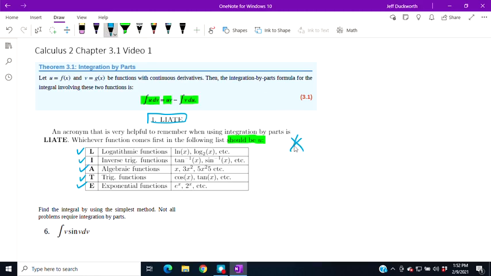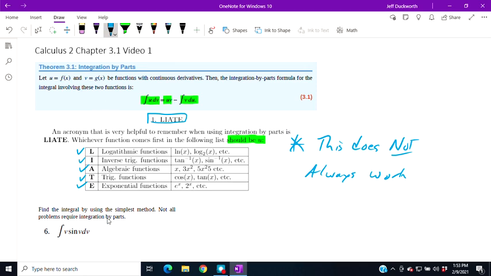However, this does not always work. So you may have to go a different way if you realize that it's not working.